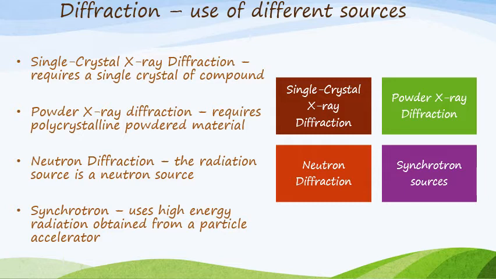Neutron diffraction, the material can be either single crystal or polycrystalline, and the source of the radiation is now a neutron source. It's no longer X-ray sources. We can also use a synchrotron. A synchrotron is a facility that has a particle accelerator that generates high energy radiation so that we can analyze samples.